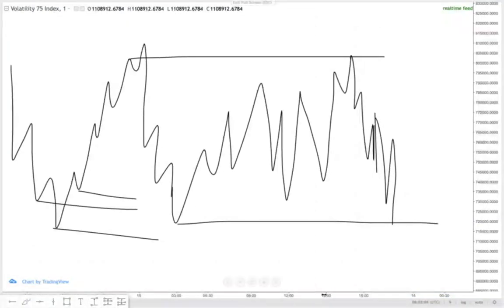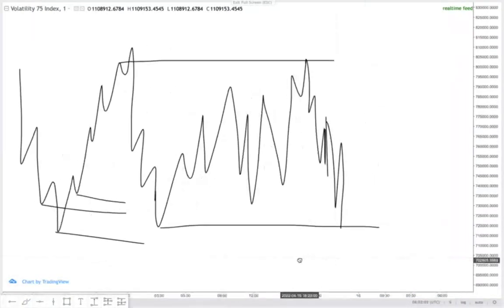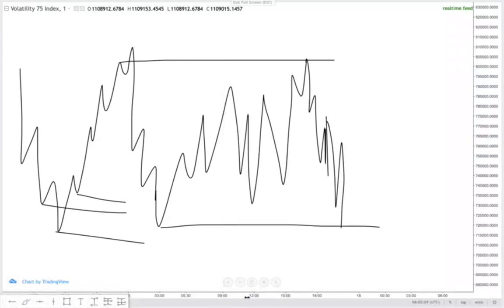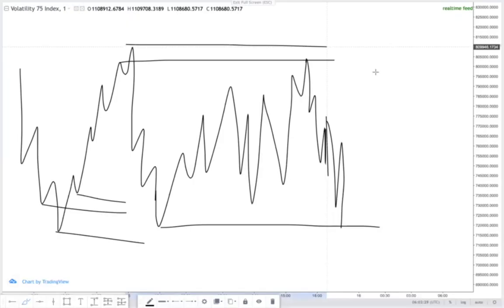So most of the time, the people who will be making losses during a market like this are people who will be taking trades in the middle of this correction. But for us, we'll be taking opportunities from the most high points and the most low points. By doing this, our risk will be small, whereby our stop loss will be somewhere around here.